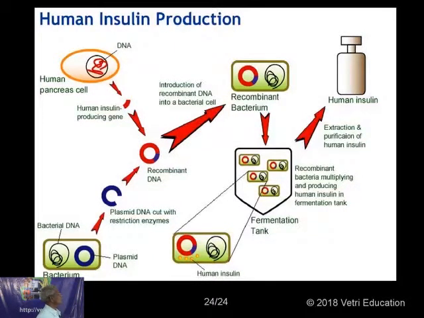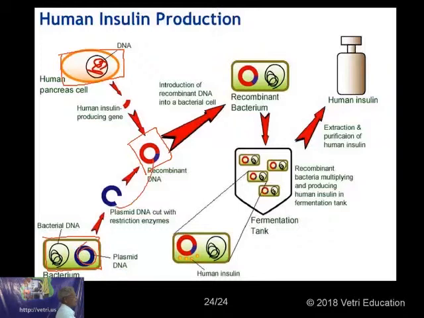See, this is a human pancreatic cell, and this is the DNA which is responsible for production of the insulin. Now this gene is taken and introduced into an E. coli bacterium, in the plasmid DNA.